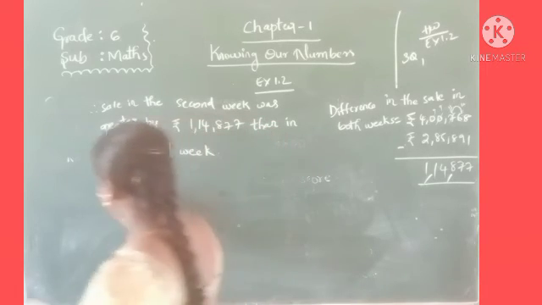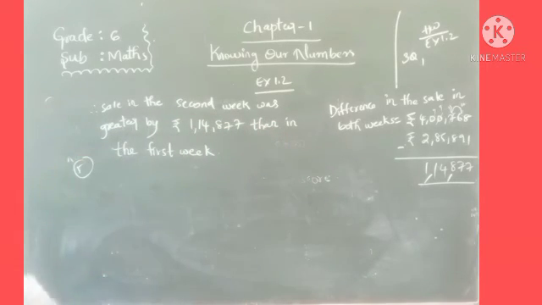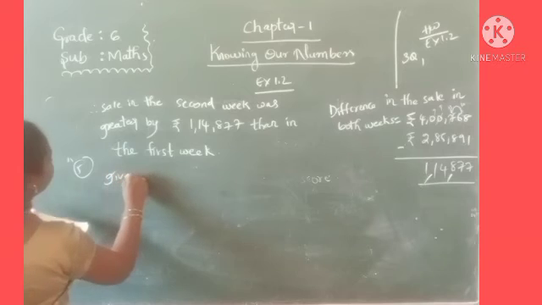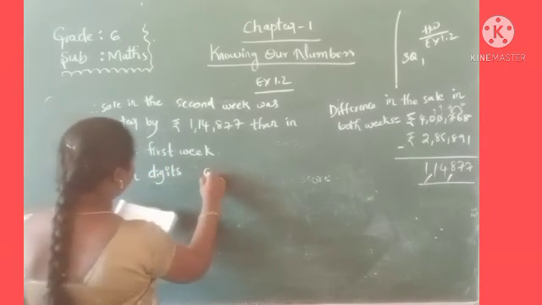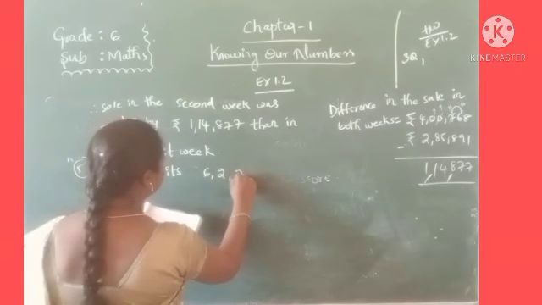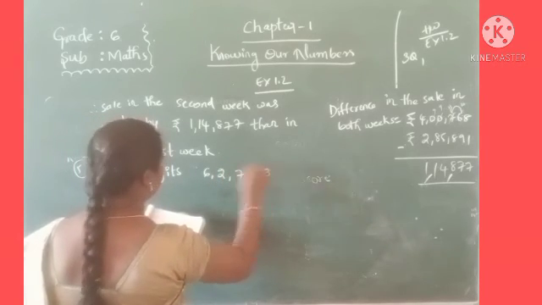First of all, the given digits are 6, 2, 7, 4, 3.